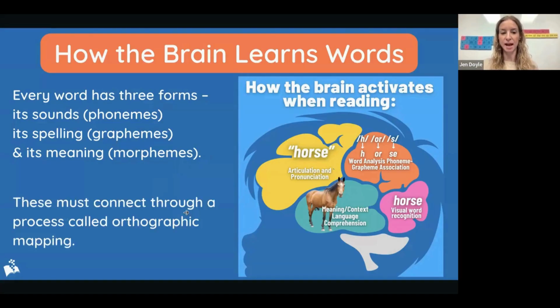And so that process that I just described is orthographic mapping, connecting all of those pieces of the brain to be able to activate when reading. So let's look at this one piece at a time now. We're going to jump in and look at each step of the way how this happens. And while this is really happening very quickly, I'm going to slow it down so we can see what's happening in the brain.